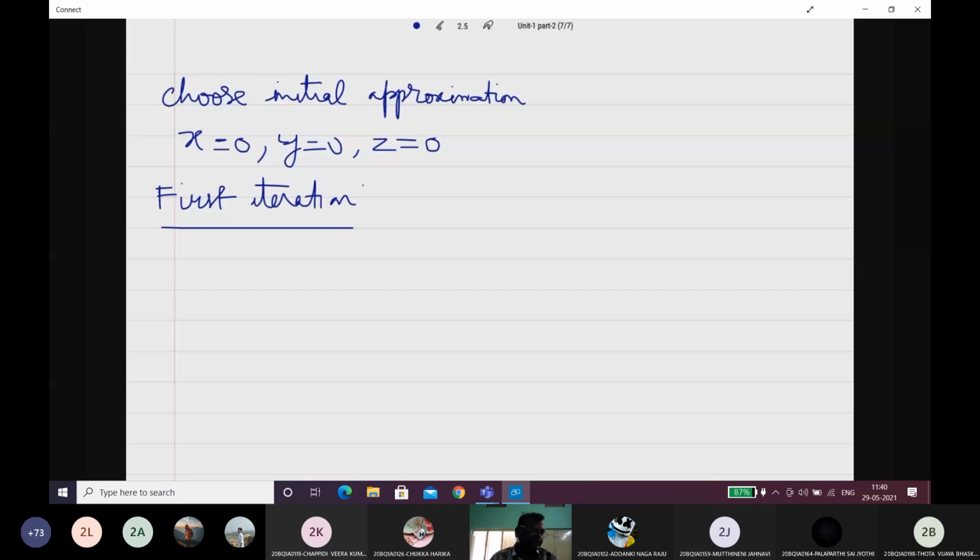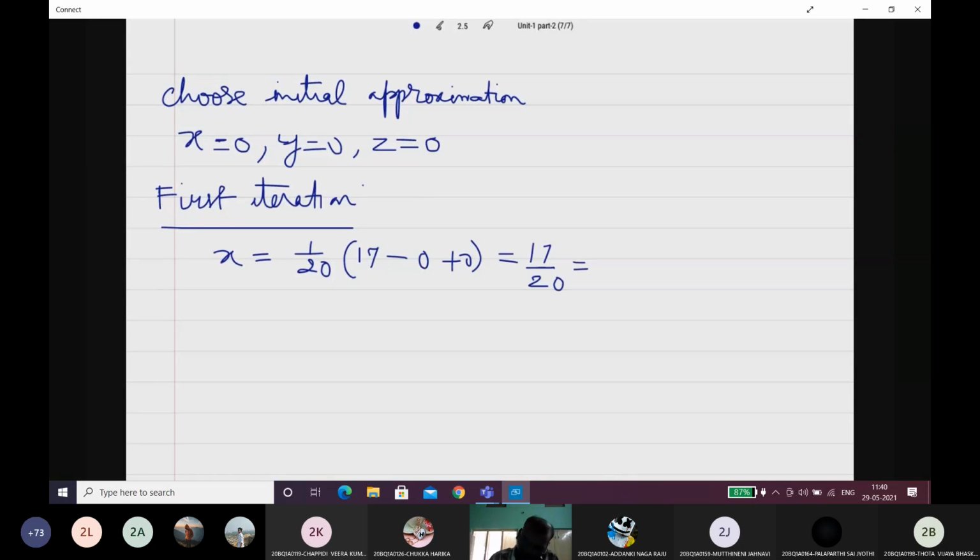First iteration. X equal to 0, y equal to 0, z is equal to 0. X is equal to 1 by 20 of 17 minus 0 plus 0. That is 17 by 20.